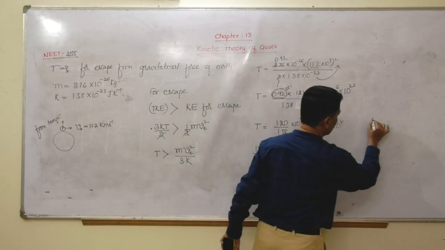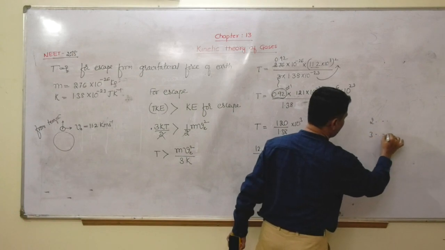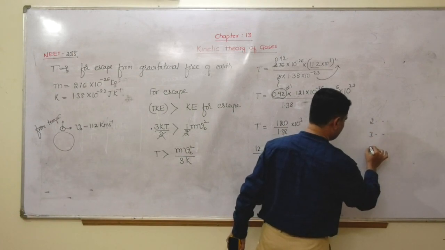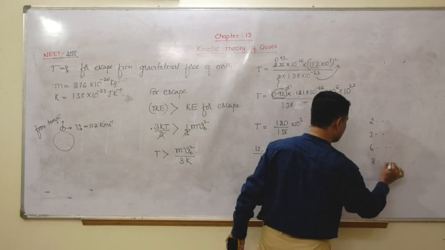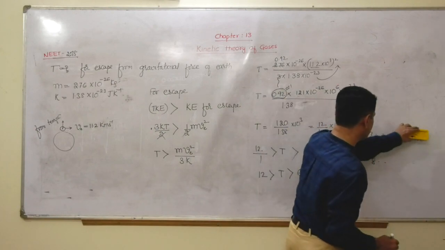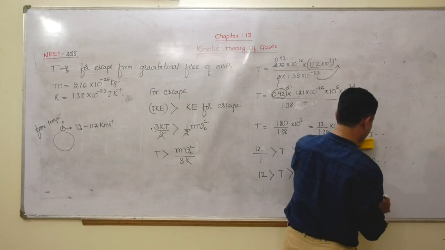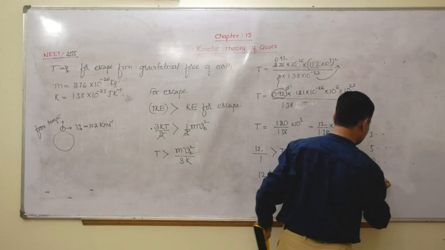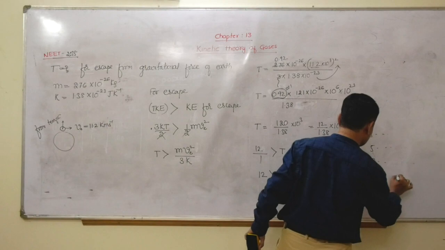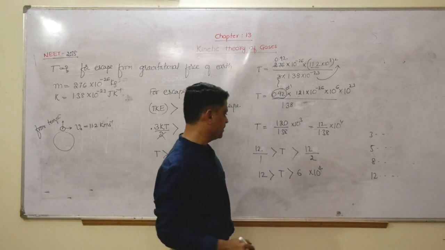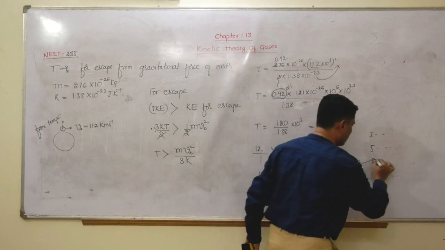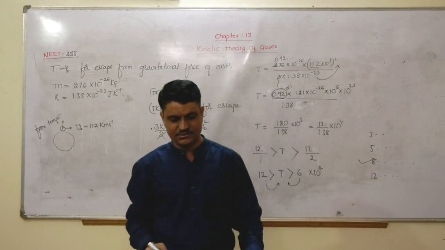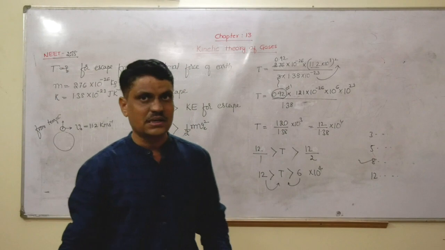The options are 2 point something, 3 point something, I think one more is 6 point something, 8 point something is there. I think 5 is there, and 12 point something is there. So here greater than 6, less than 12 means the only option is 8 point something. Okay, that is your answer.